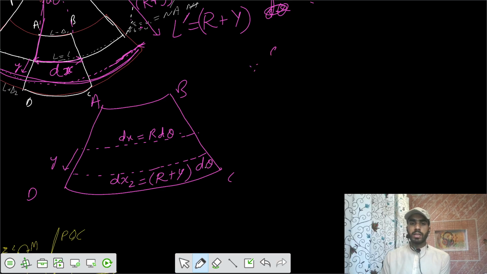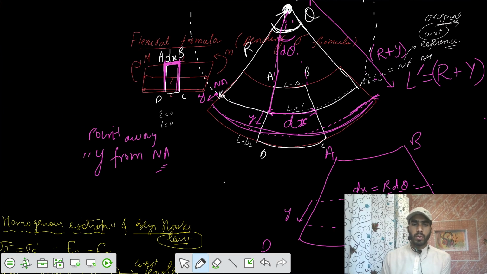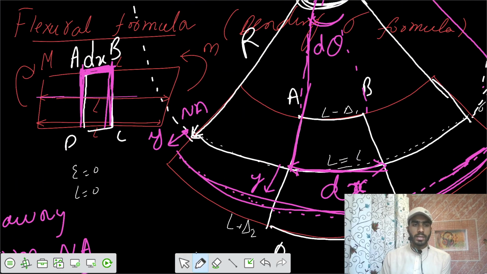So what's the strain at y? Strain at the y fiber. Strain equals change in length by original length, so final length minus initial length by initial length. The final length was dx2. Initially the length should have been dx, because when you go from the neutral axis to a point y, the differential element length was dx.